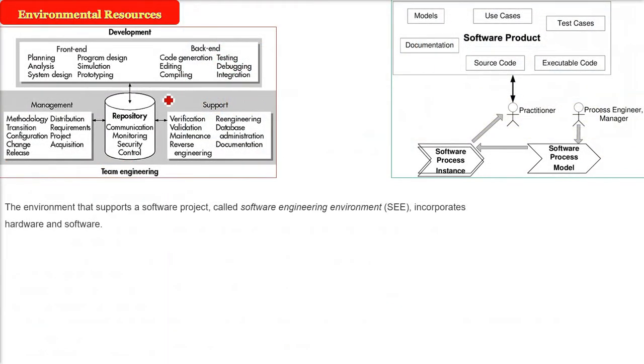Then comes the environmental resources. As I said, a DJ or disco has an environment. You will dance there. You will not pray there. So for making software, you need an environment. You need certain inputs. You need a certain support system. The environment that supports a software project is called the software engineering environment, and it incorporates hardware and software. You need the different support systems.